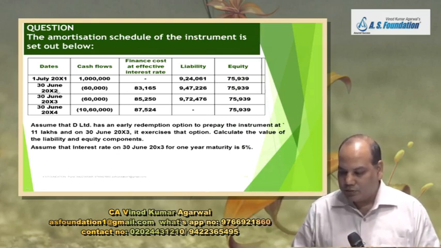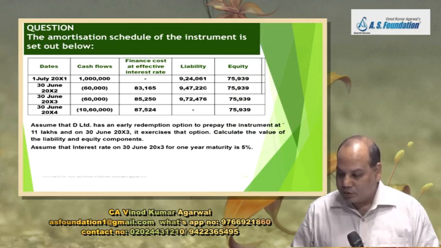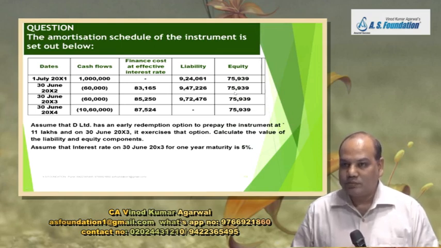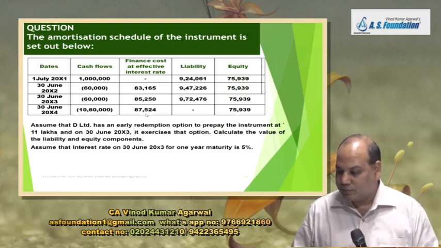Then every year they are going to pay the coupon, then they are going to recognize the effective interest, and they will change the carrying amount of the liability. Equity is not changing. First year, second year, same calculation. Third year, they've redeemed the liability.